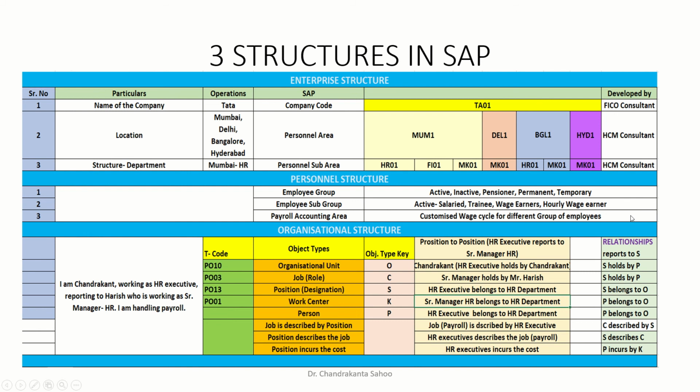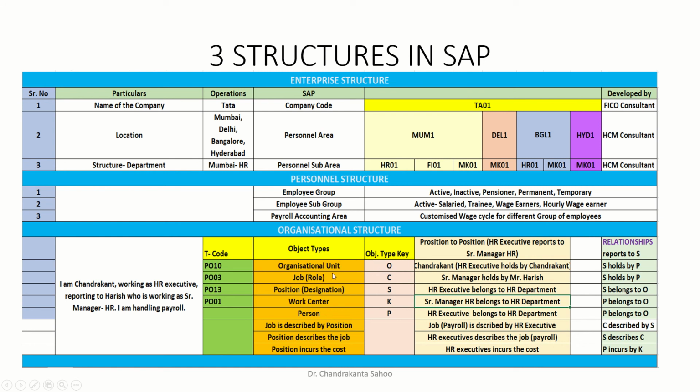So let us understand the organizational structure. Organizational structure comprises org units, or organizational units. In SAP, each is identified with an object key.